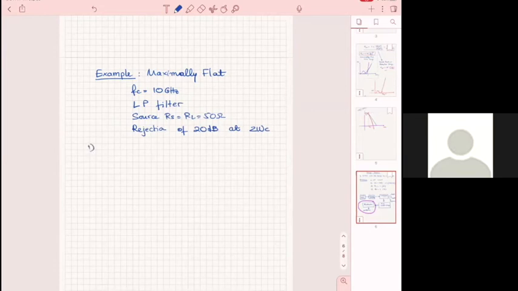So first design. Second, find the bandwidth. That's what a designer will have to do. And of course the Q. And then I don't know what else you may want, all kinds of other things you may want to find. But we're going to start with this.